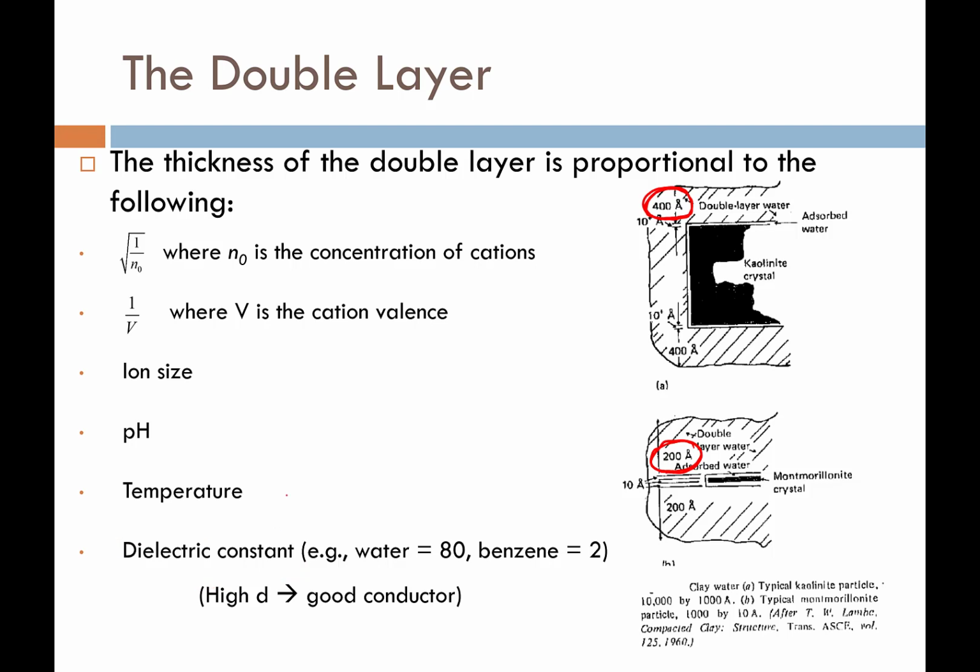So water has a dielectric constant of about 80. Water can transmit electricity pretty well. Okay, it's a good conductor. Check out benzene. Only 2. Benzene can't conduct electricity very well. So the smaller the dielectric constant, the smaller or thinner the double layer.